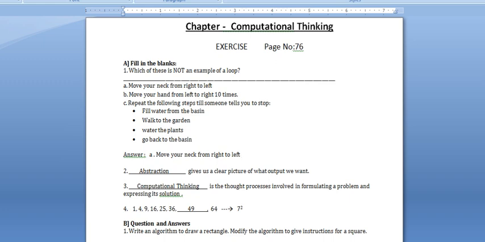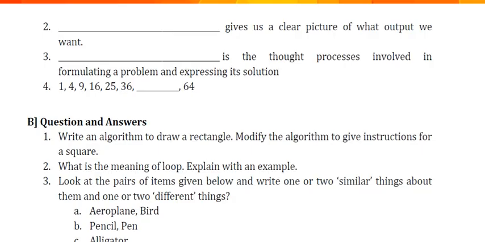The fourth, filling the blanks, is a pattern matching problem, and I know it's a logical problem and you all will know how to solve this. So if you can see here, 1, 4, 9, 16, 25, 36, dash and 64.